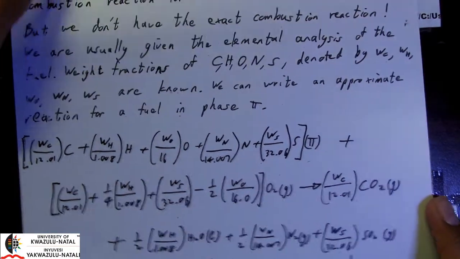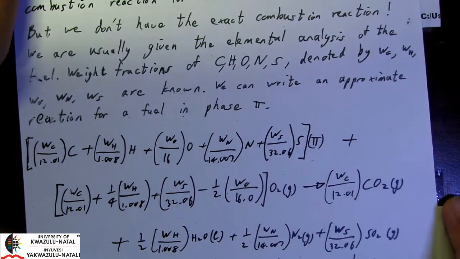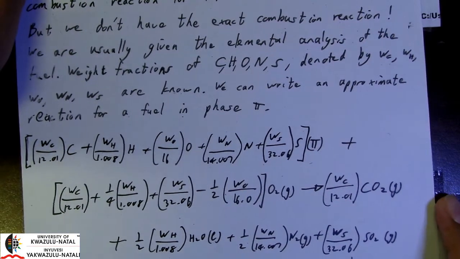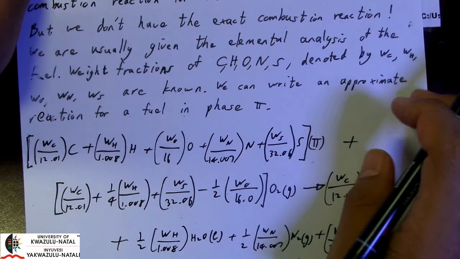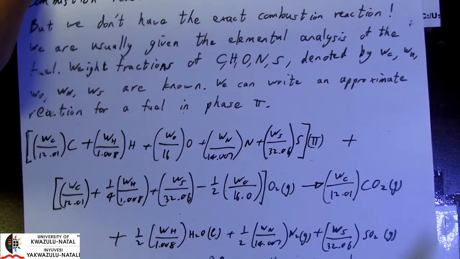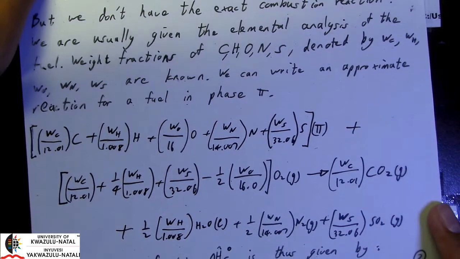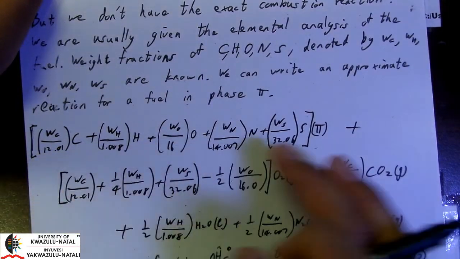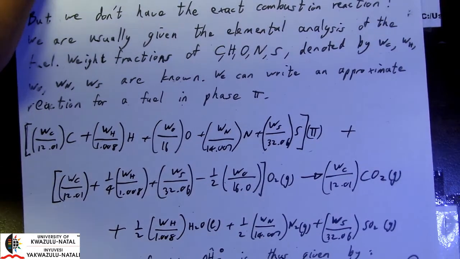Now this is of course not the actual reaction that's occurring, but it's a start. So we have an approximate reaction that is perhaps representative for many different kinds of hydrocarbon fuels.